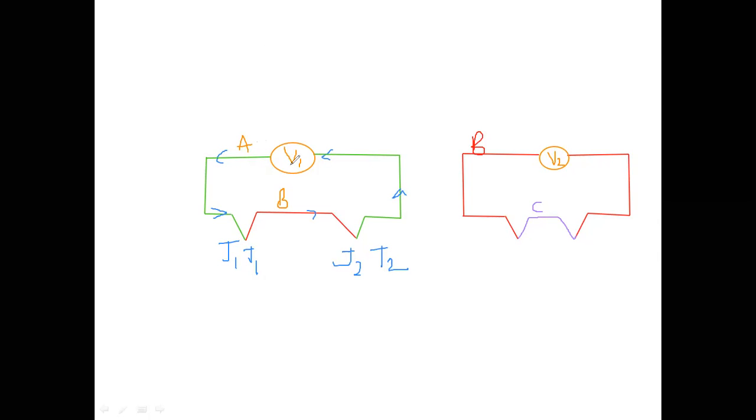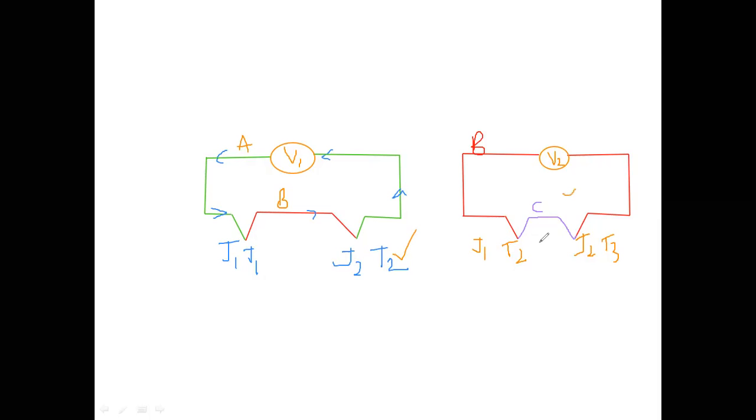This is metal A. This junction J1 is maintained at temperature T1, and this junction J2 is maintained at temperature T2.